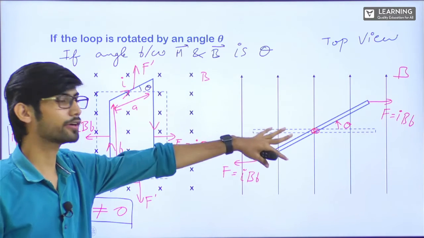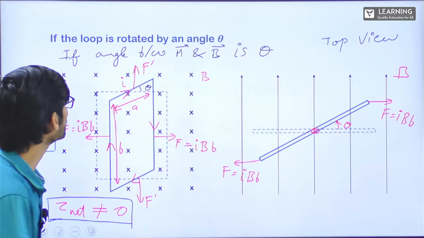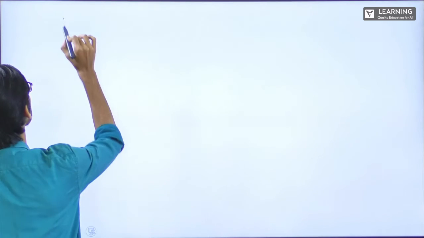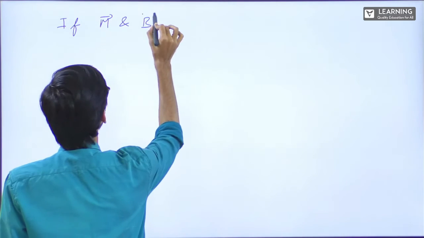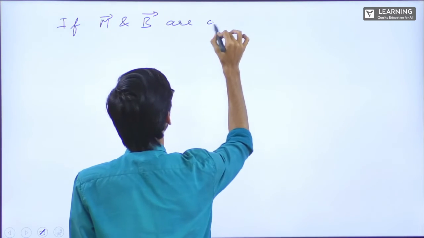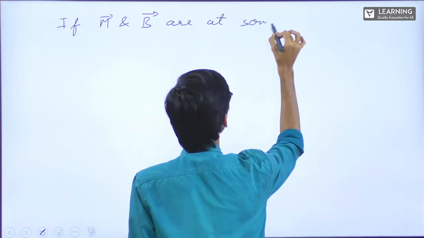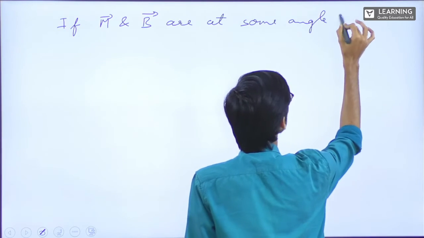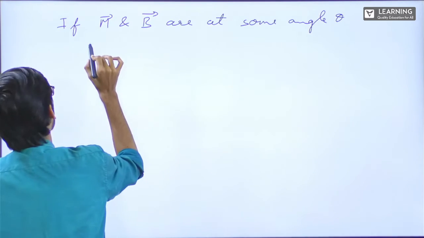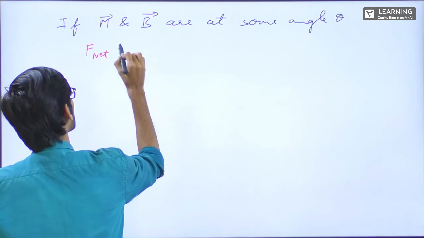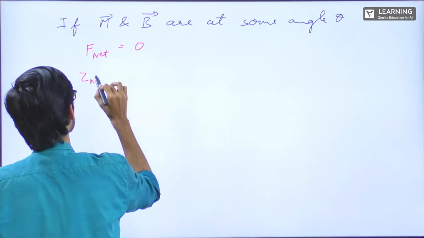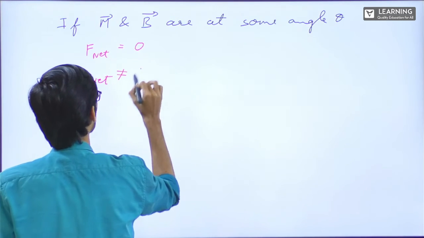Clear? Now this I have told you to write the value of this torque. We know that if M vector and B vector are at some angle theta, F net is equal to 0, but tau net is not equal to 0.